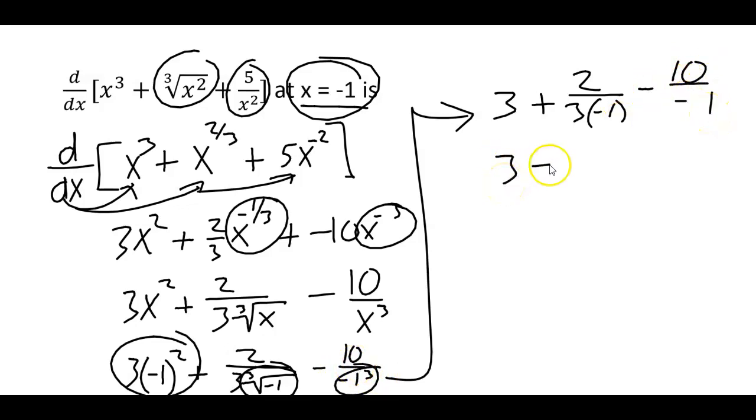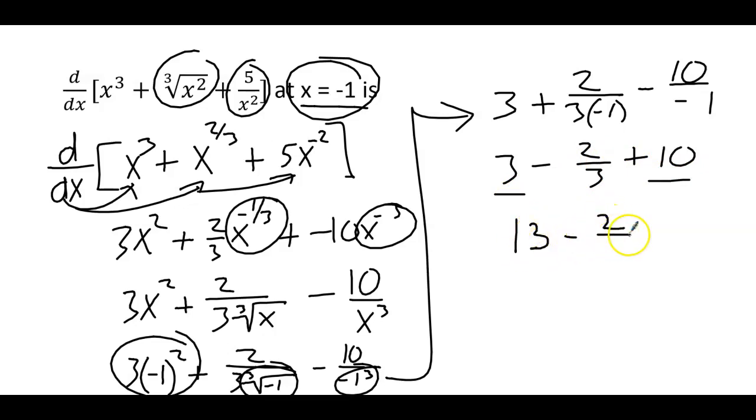And so this becomes the following. Okay, so the negative here causes this fraction to become negative, and this negative causes this one to become positive. So I'm going to put my positive numbers together, 10 and 3, that makes 13, minus 2/3.